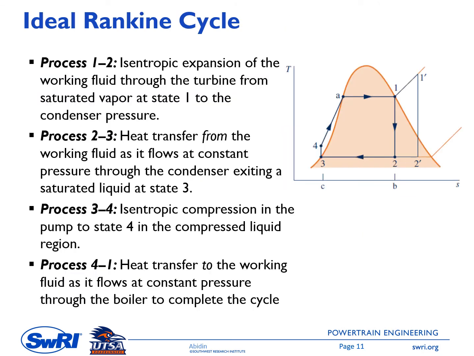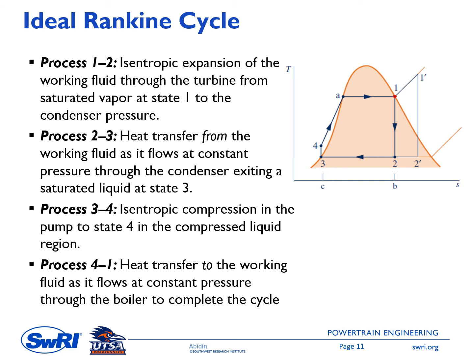This is an ideal Rankine cycle description. On the right side, we have a T-S diagram of this ideal cycle. Process 1 to 2 is isentropic expansion of the working fluid through the turbine from saturated vapor. You see state 1 is right at the dome line on the right side, so it is saturated vapor.